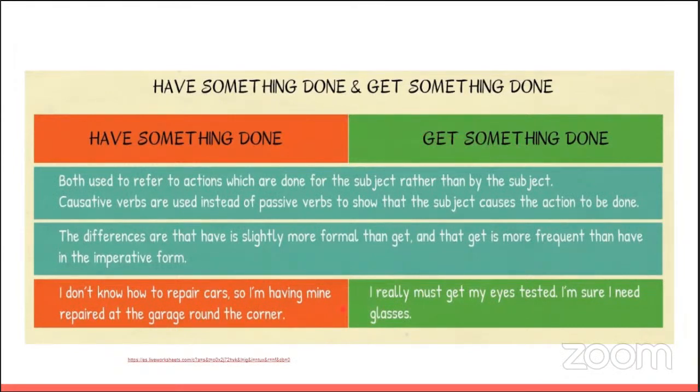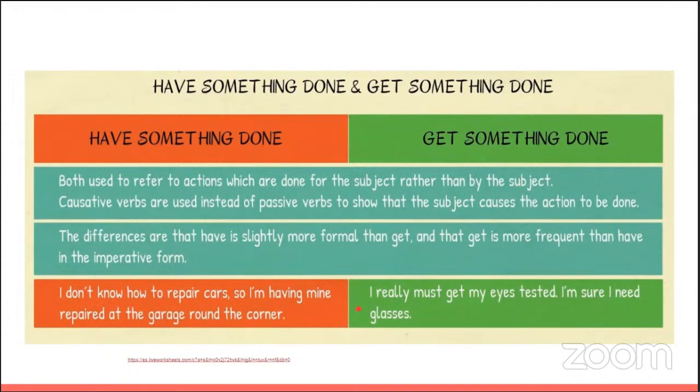And well, here we have two examples of using these two, have something done and get something done. The first one, could you read it, please? I don't know how to repair cars, so I'm having mine repaired at the garage around the corner. Correct. And get something done. I really must get my eyes tested.